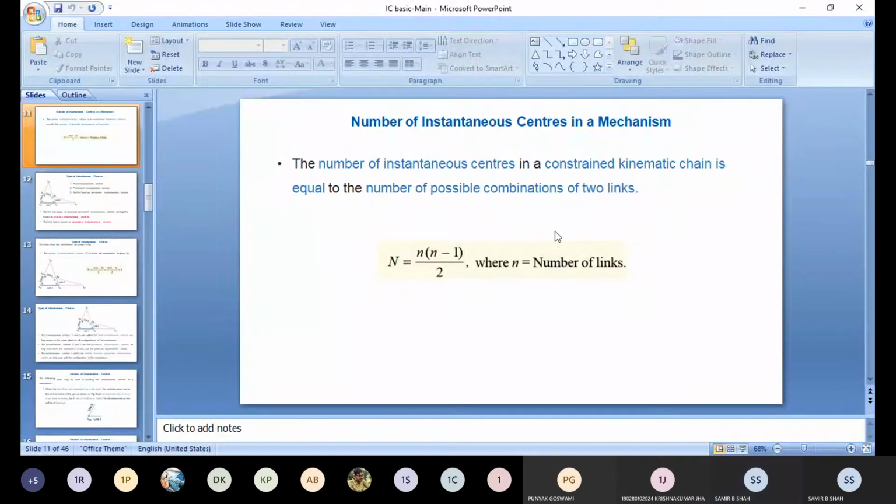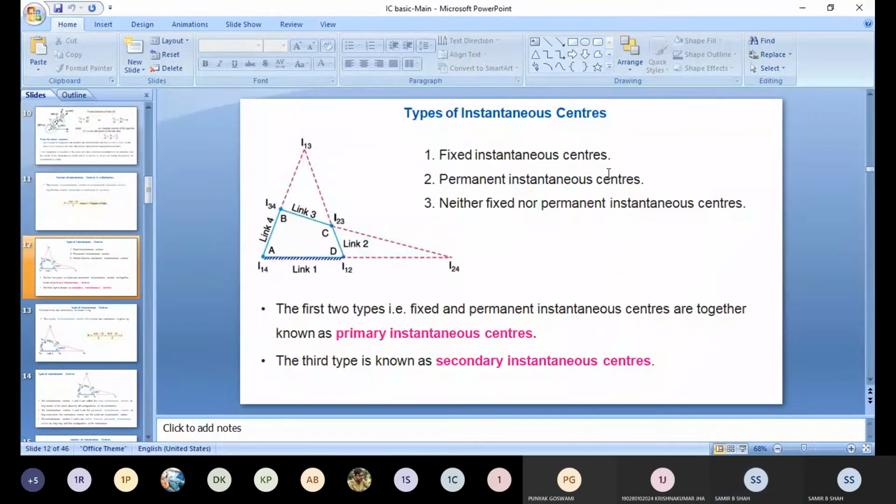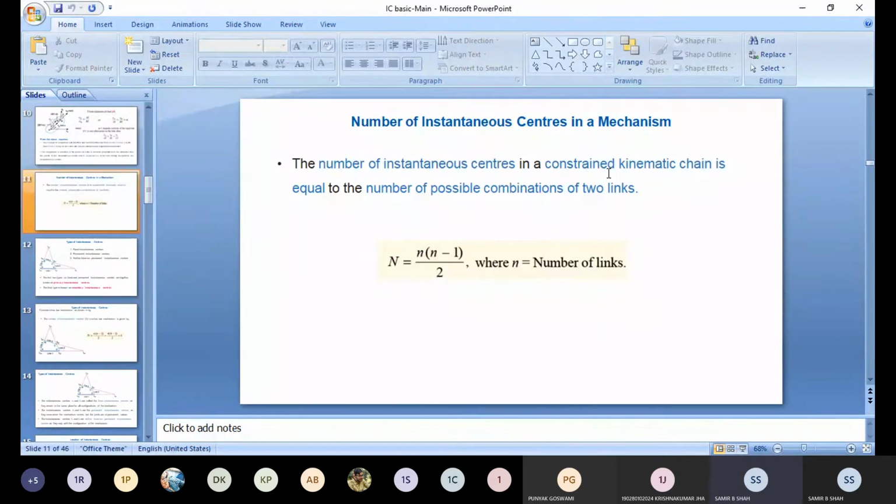Before starting the equation regarding the number of instantaneous centers in a mechanism, I just want to say that there are two basic properties when we talk about the instantaneous center method.